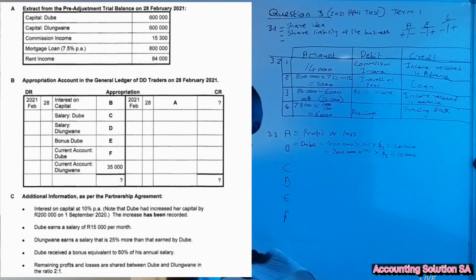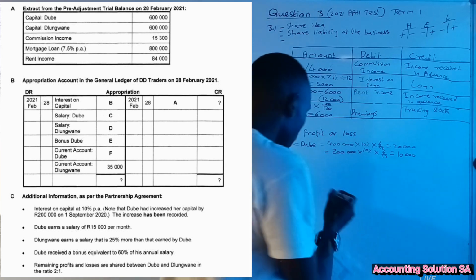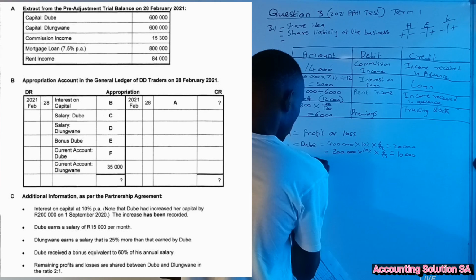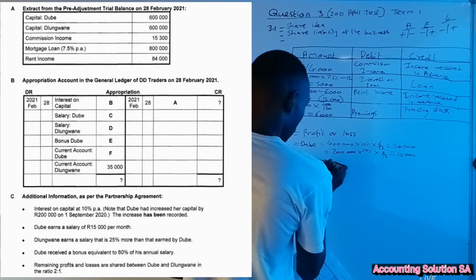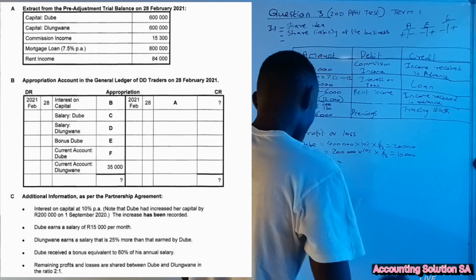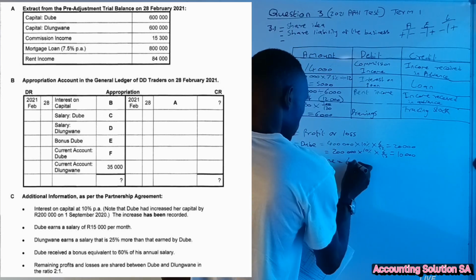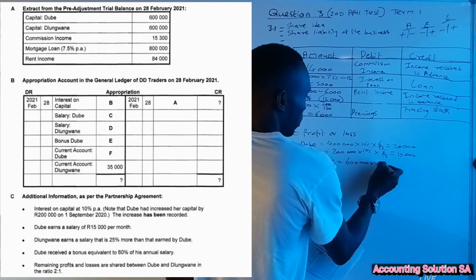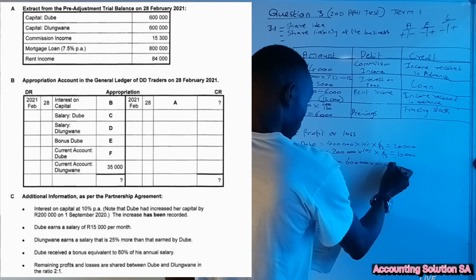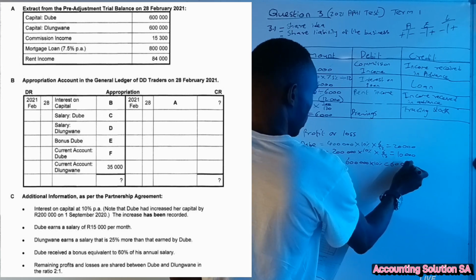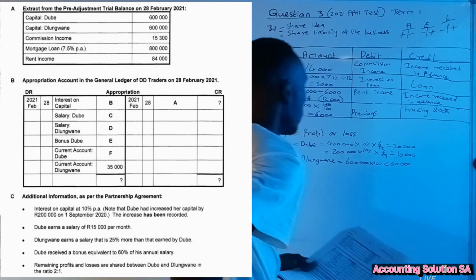Okay, then let's go to the other partner. The other partner is Hlungwane. Hlungwane didn't increase any capital during the year, which means that it's just going to be 600,000 in total multiplied by 10%, which is going to give us 60,000.